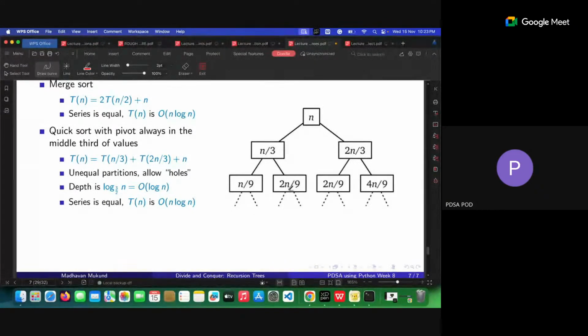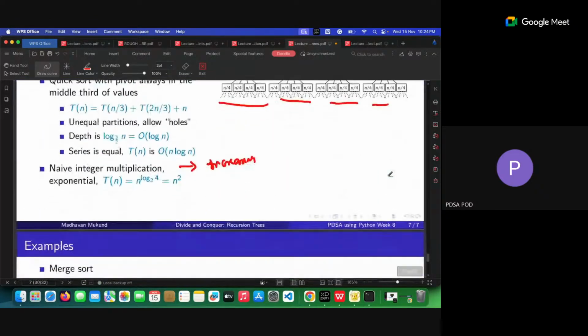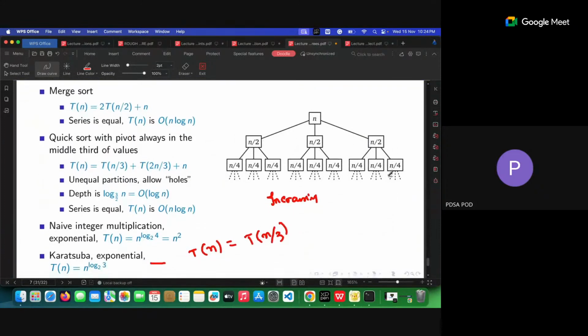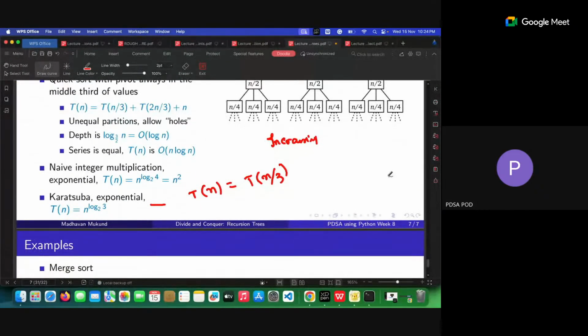See, look, 2 into n is there, 2 into n is there, simply 4 into n is there. So simple multiplication, 4 times n times. But here exponential growth is there, so definitely you have to take n to the power of. So this one also exponential, this one also exponential. But these are simply decreasing ones.